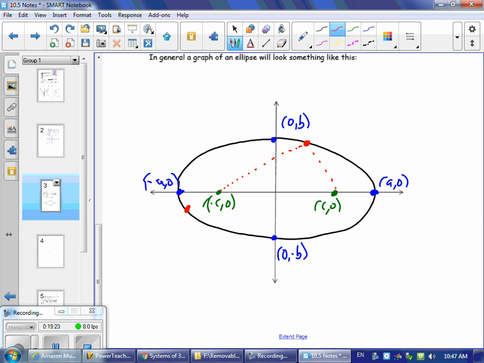If I were to add the distance from here and the distance to there, they are exactly the same. So the sum from here to here to here is exactly the same as it is from here to here to here. So every point on the ellipse, if you add the two distances from both foci to that point, it will be the same everywhere on the ellipse. And that's how an ellipse works.